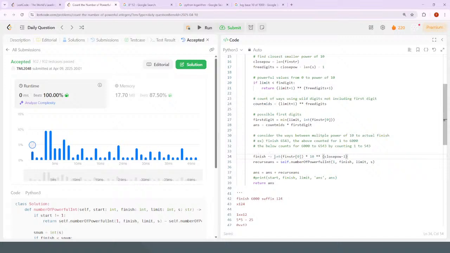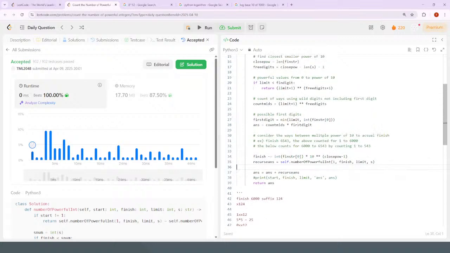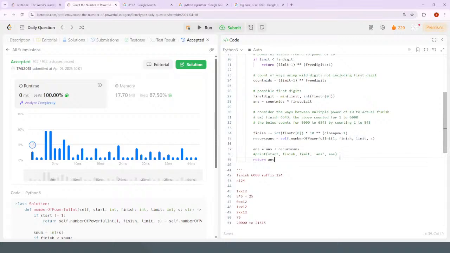Okay, so this is ignoring the top. So this is removing the first digit. The recurse answer is that, and then the answer is equal to that.